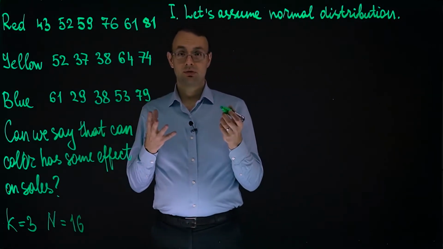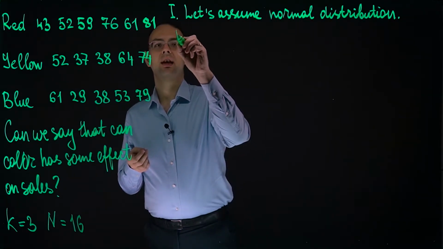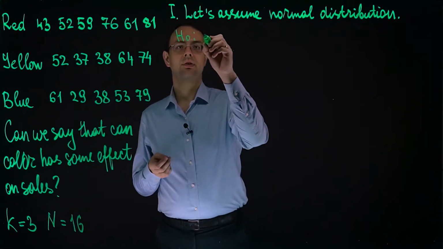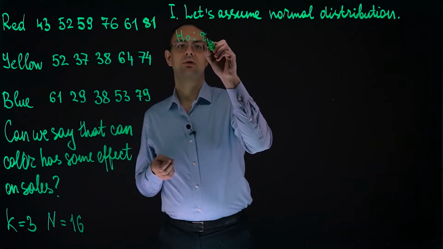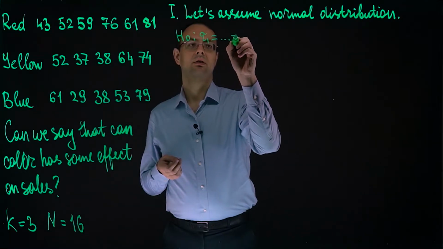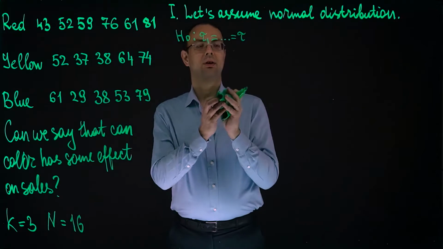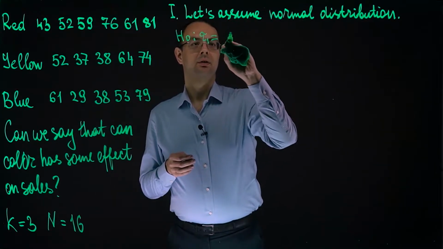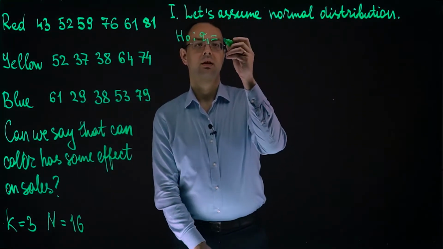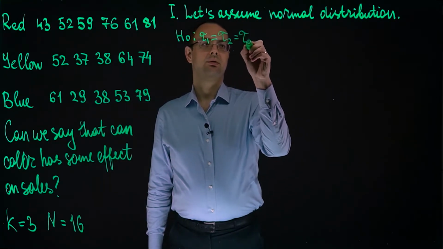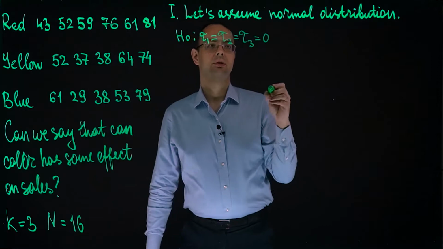So we're going to test the hypothesis that the factor has no effect, that all these taus are zeros, actually we have only 3, so tau 1, tau 2, tau 3 are zeros.